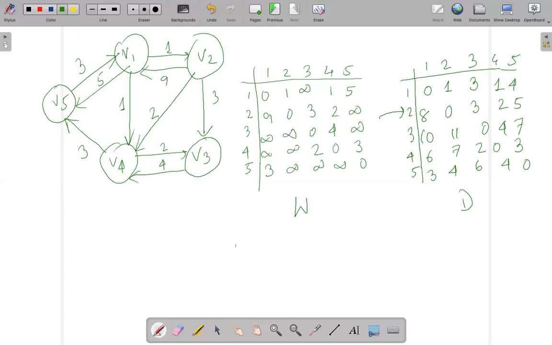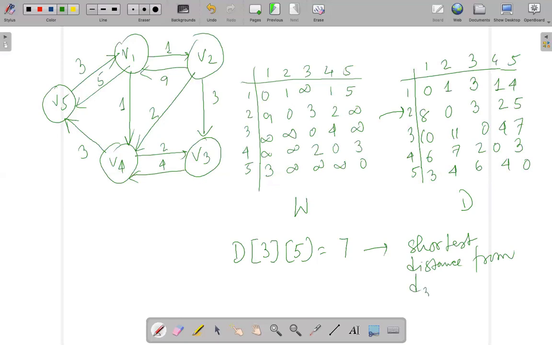Now, the way you read it is as follows. D3,5 is equal to 7, which refers to the shortest distance from V3 to V5 being of length 7, and this can be easily verified using the left hand graph.